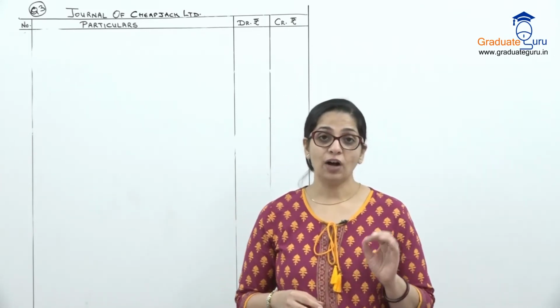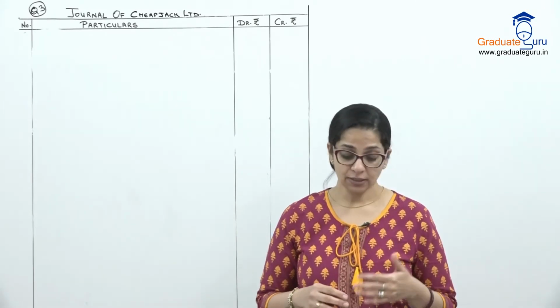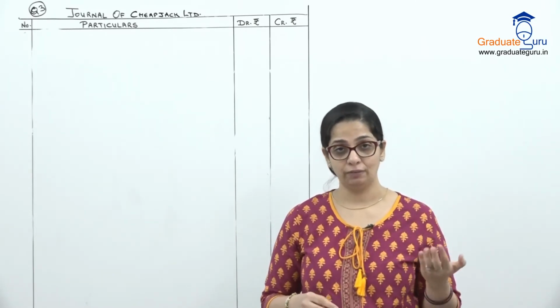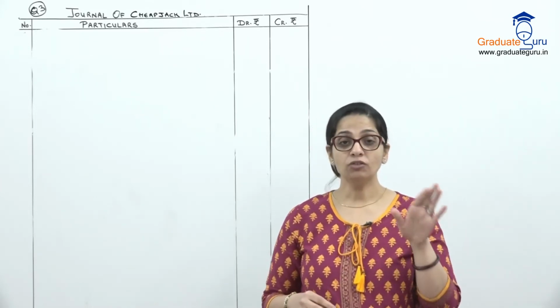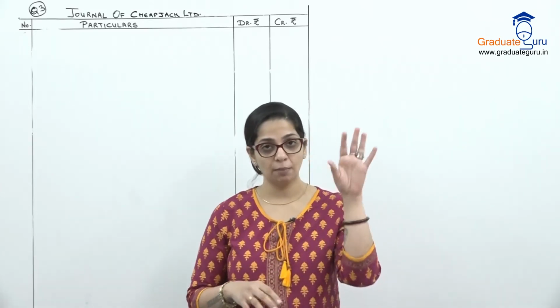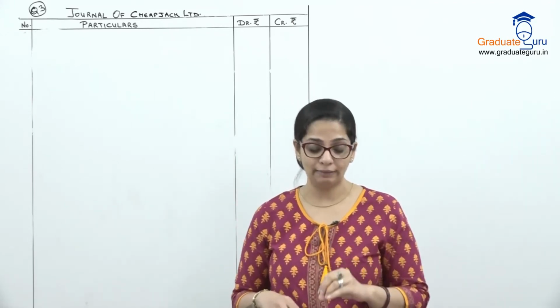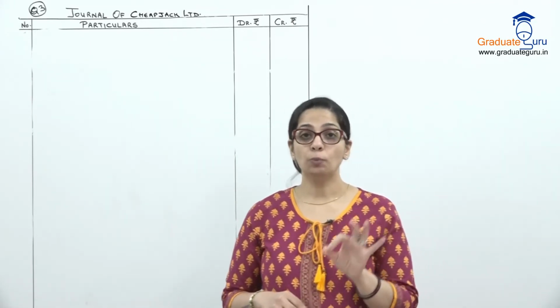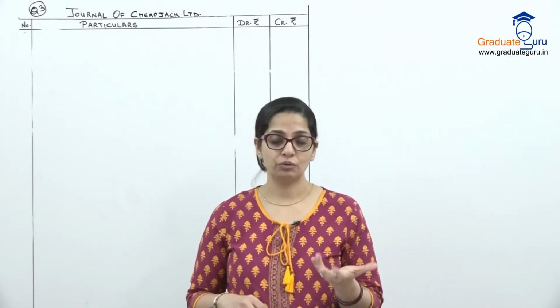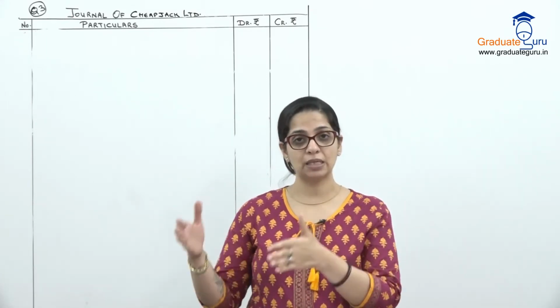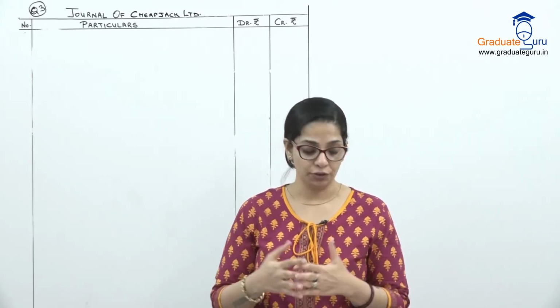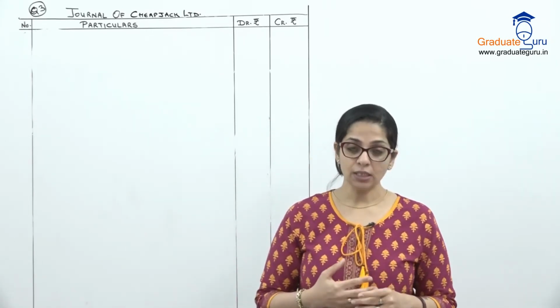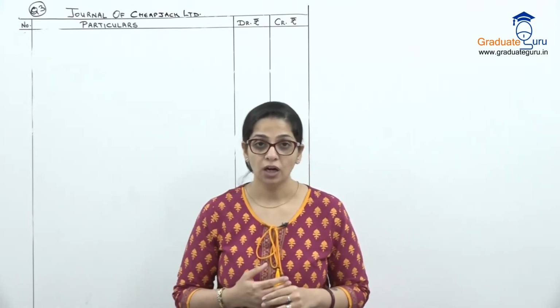To provide funds for the buyback, it sells its old machinery. This time the company is selling machinery worth rupees 20,000, meaning this is our balance sheet value, for rupees 25,000. So this time there is a profit on sale. A 20,000 item we will sell for 25. So we are making a profit. Pass journal entries to give effect to the above arrangements.